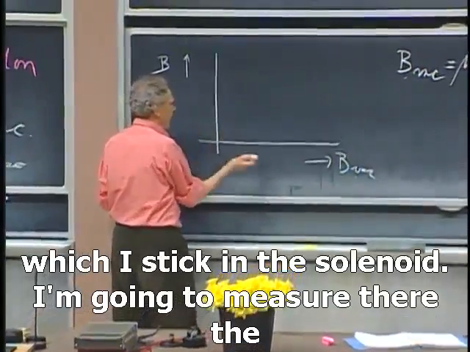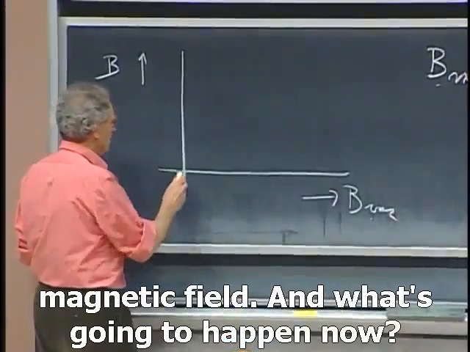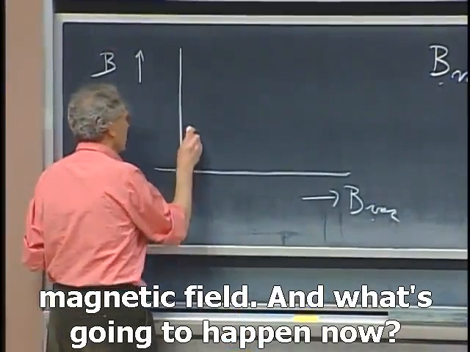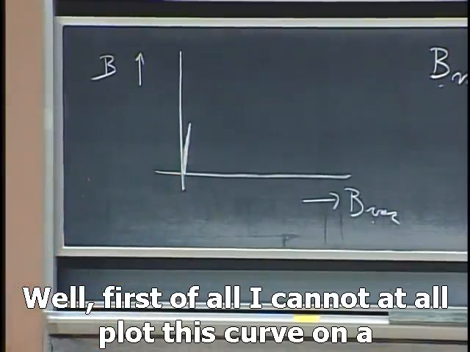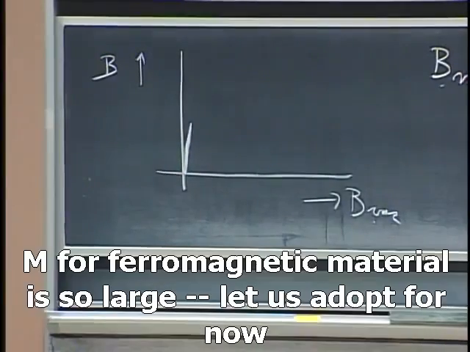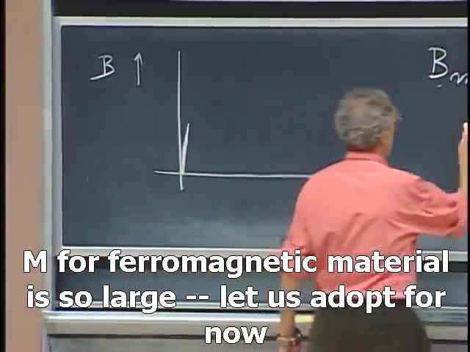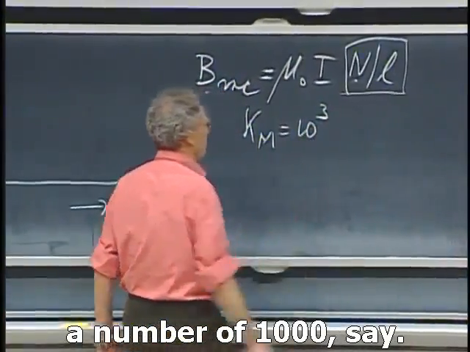And what's going to happen now? Well, first of all, I cannot at all plot this curve on a one-to-one scale. The reason being that kappa of m for ferromagnetic material is so large, let us adopt for now a number of 1,000, say. Or could be larger even. Let's say kappa of m is 1,000.